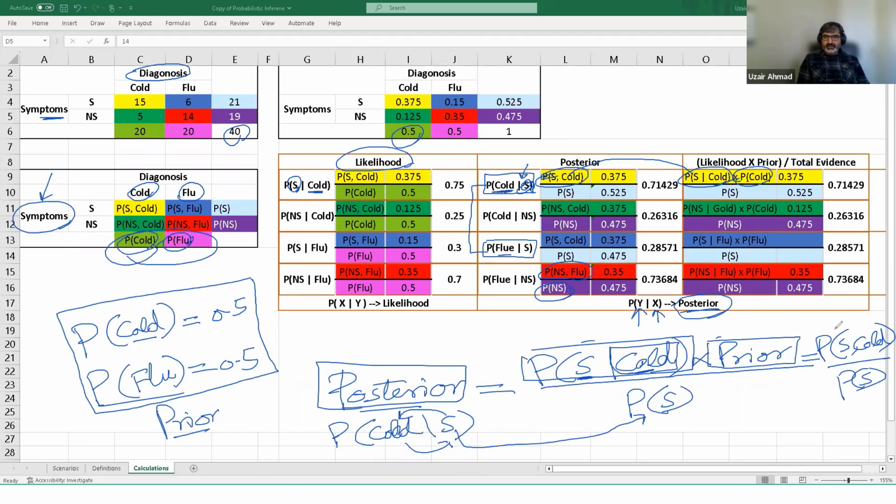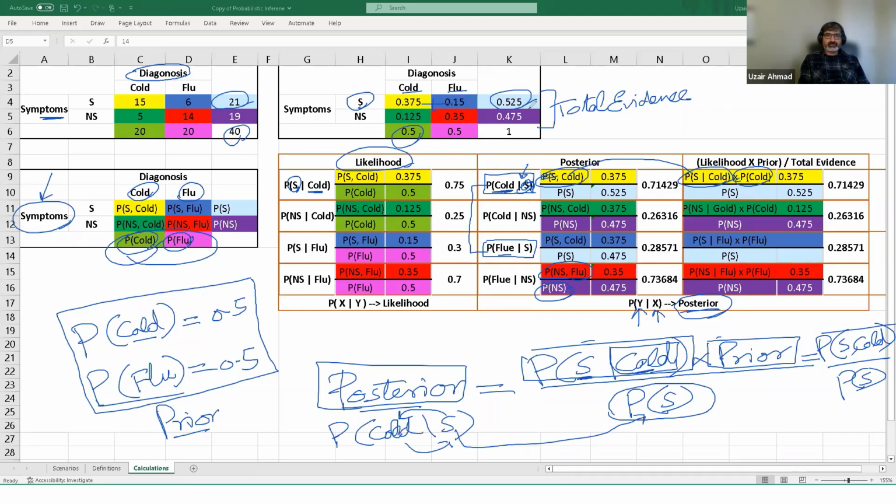Multiplying likelihood with prior is the joint probability, divided by this marginal. So the marginal of the symptom is going to be called total evidence. Why? Because we are combining, we are adding the probability of sneezing. The probability of sneezing is distributed in the cold class and the flu class.